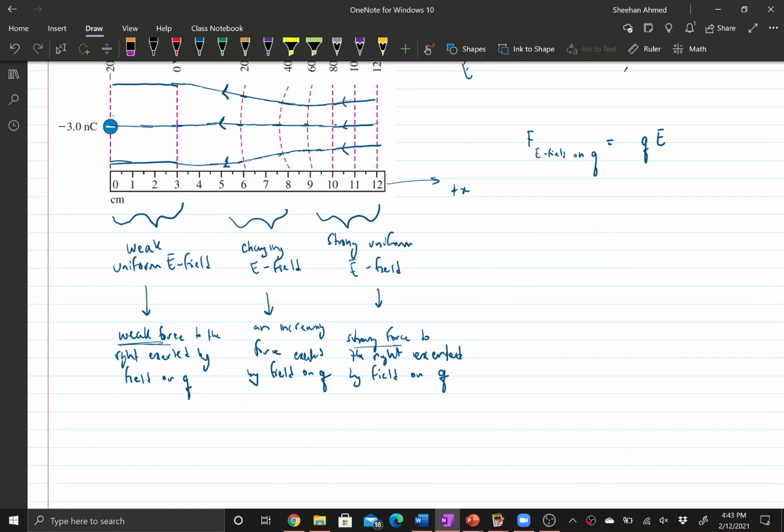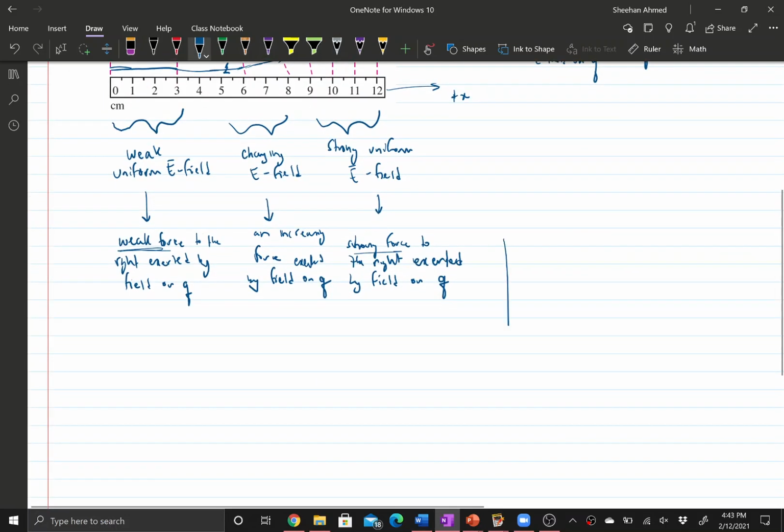Let me write this; these are my explanations, and I can make them in a different color. The force that a field exerts on a charge is equal to the charge times E. So that's how I made these assessments about the force.